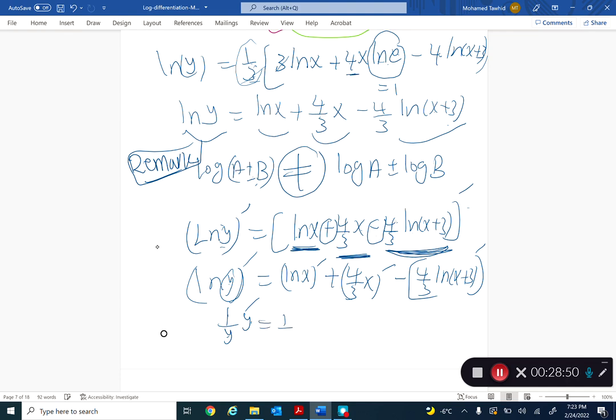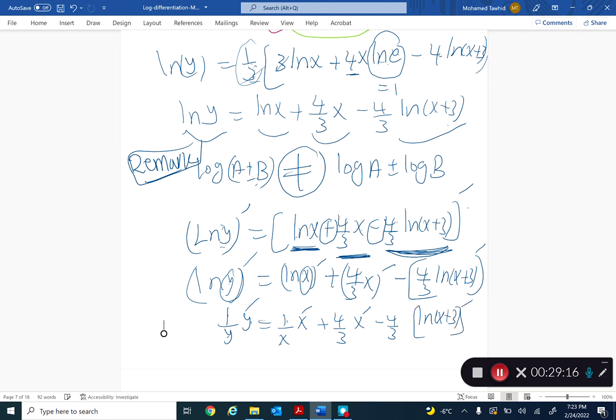Here, you have 1 over x times x prime. Now 4 over 3 x, that's a constant, so I can factor out 4 over 3, and what you have left is x prime. And here, negative 4 over 3 is a constant, so I can grab it outside, and you have ln of x plus 3, the whole thing prime.